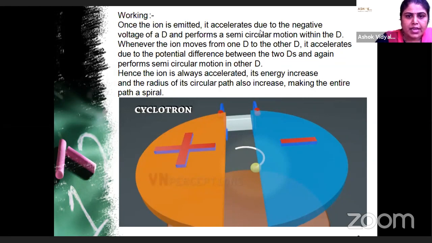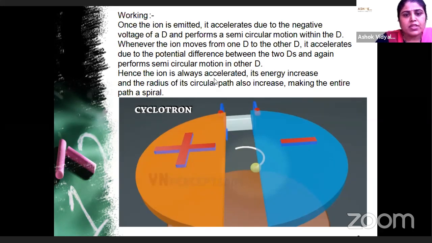It is accelerated due to the negative voltage of a D and performs a semicircular motion within the D. Whenever the ion moves from one D to the other D, that is D1 to D2, it is accelerated due to the potential difference between the two Ds, that is the positive and negative terminal. And again it performs semicircular motion in the other D.